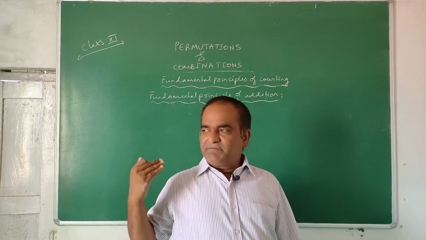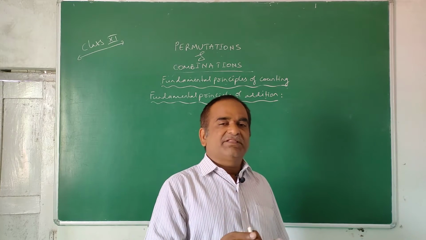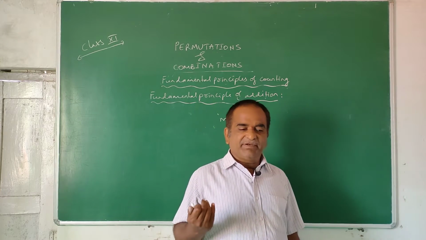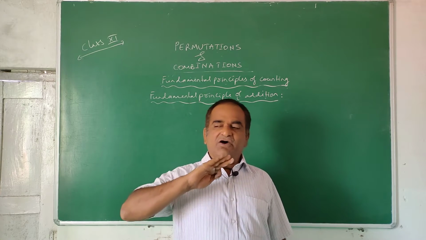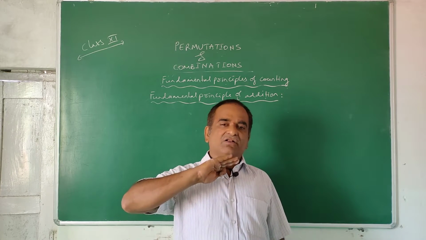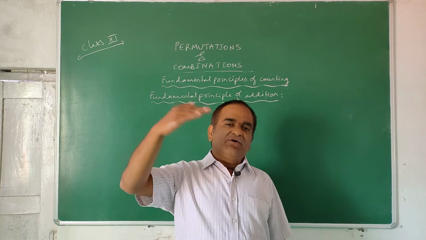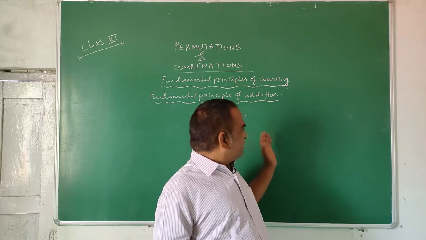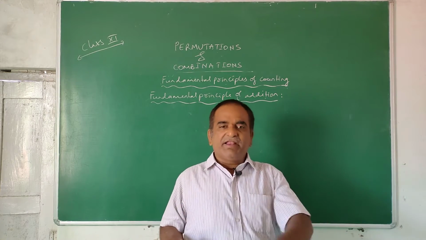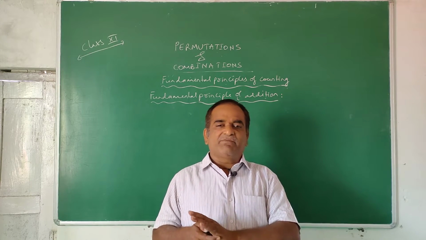The main difference between the fundamental principle of multiplication and the fundamental principle of addition is, in the first principle, all the actions should be performed one after the other, and then the complete action is performed. Here the actions are not necessarily performed one after the other.